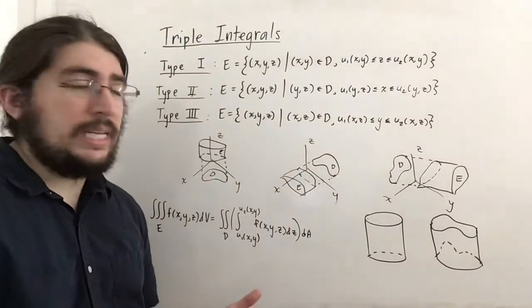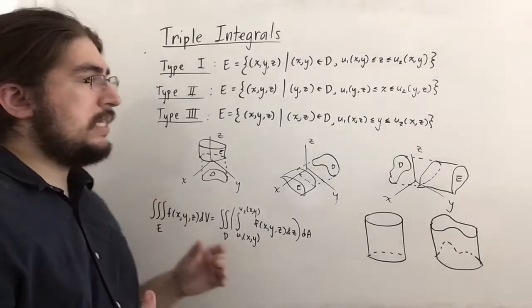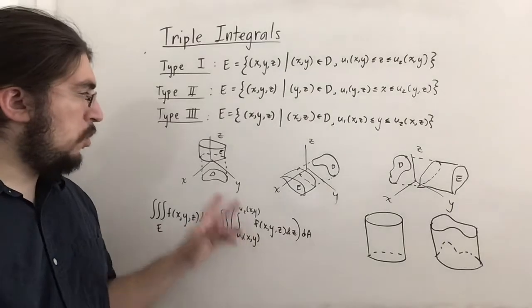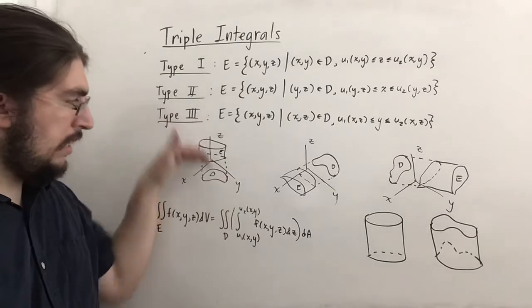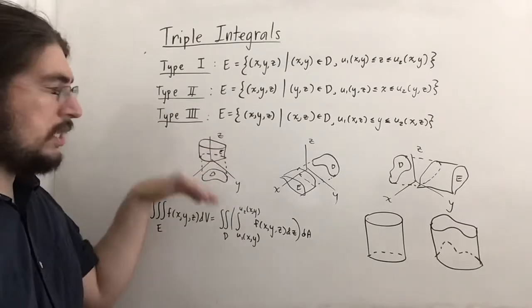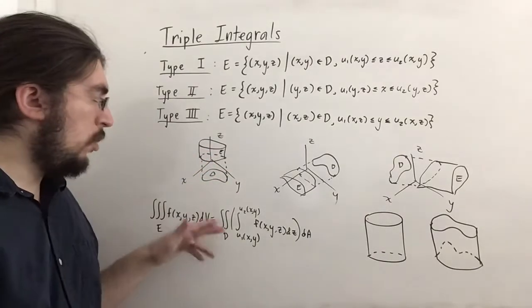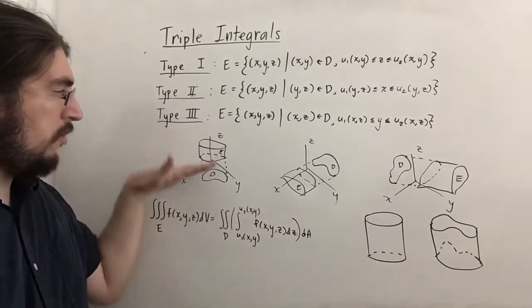And what's really nice is that all we need to do is take the antiderivative, or integral, between those 2 functions in that missing direction. In this case, the dimension that's missing in our xy plane is the z dimension. So we can take this integral with respect to z over these 2 functions.